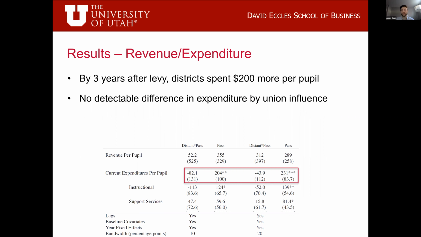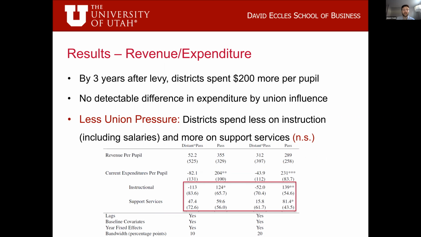So they get more money, they're both spending money, and now we're going to dive into how they're spending their money, and that's where the differences are really going to show up. Maybe we're reading the tea leaves a little bit too much here, but the districts with less union pressure are spending less on instruction, including salaries, and more on support services, but these are really noisy. So let's drill down, and we can see things a little bit more precisely.